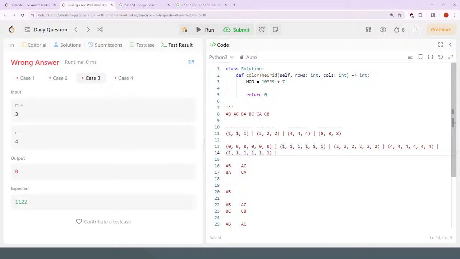so if it's a BA, it can be either BC or BA here, BC here, BA here. So I think it's 1 times 1 is 1 times 1.